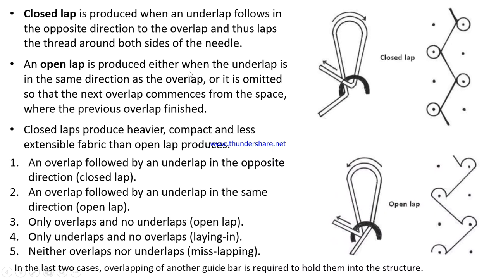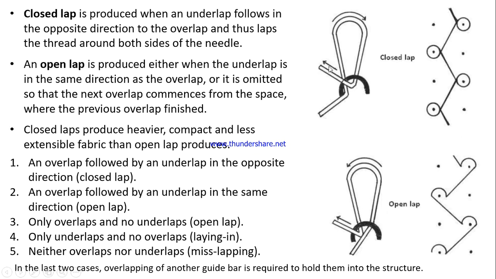An open lap is produced either when the underlap is in the same direction as the overlap, or it is omitted so that the next overlap commences from the space where the previous overlap finished. So this is the condition of open lap. In case of open lap, a very open, or you can say less compact, structure is produced. Closed lap produces heavier, more compact and less extensible fabric than the open lap structure.